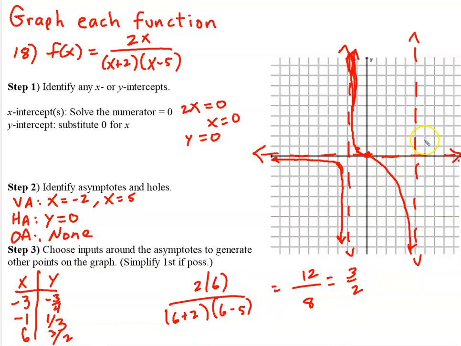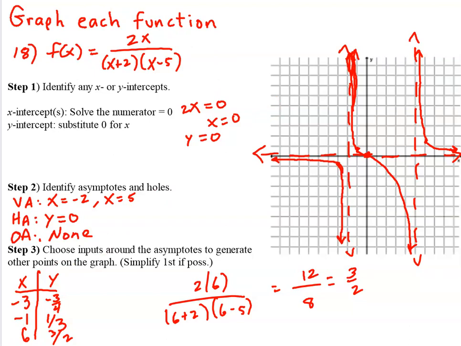So input 6, output 1.5. And then the same logic, we know we're not crossing again over the horizontal asymptote, and we will always follow, never cross vertical asymptotes. So that is your answer then for number 18 on this assignment.